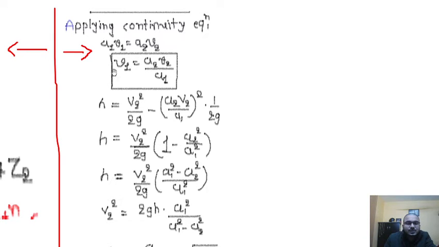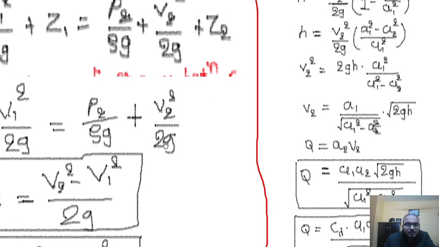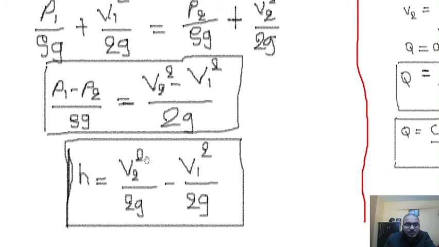Based on this we obtained the value of v1, which is a2 v2 upon a1, and here we reached the equation v2 square by 2g minus v1 square by 2g.